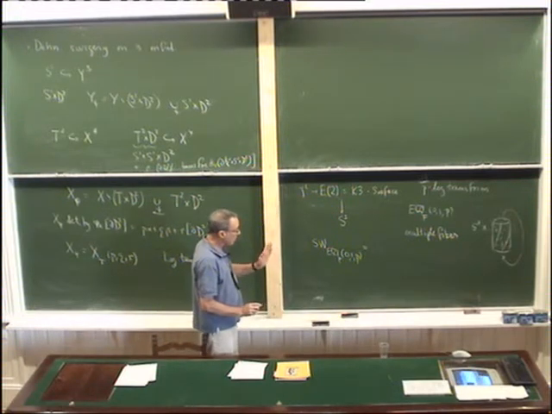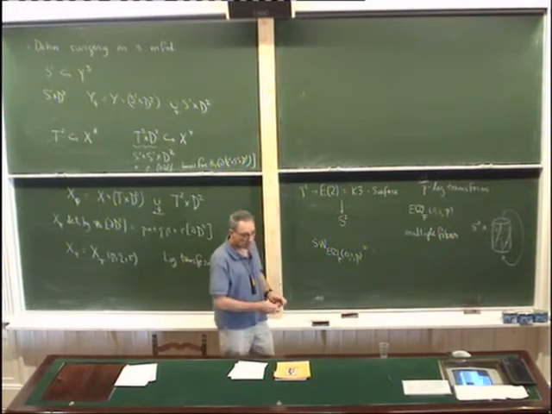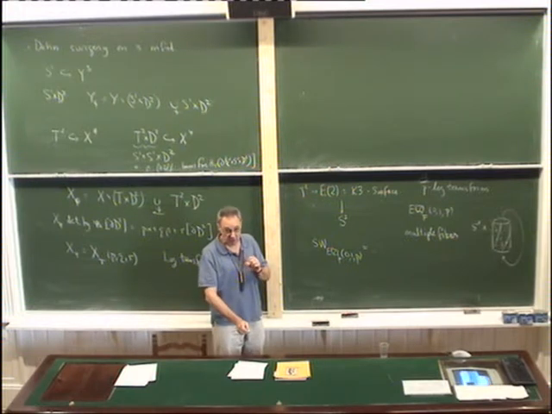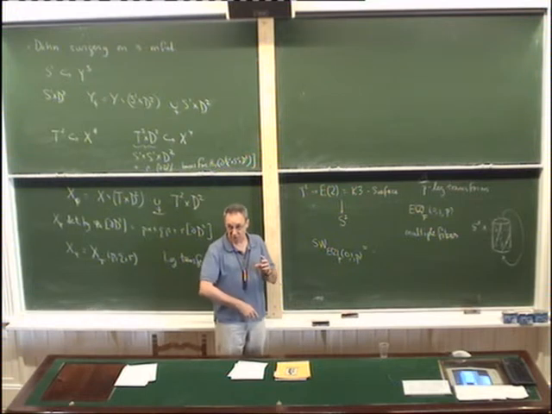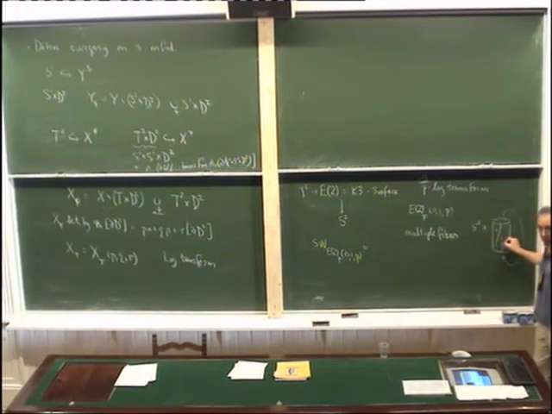Remember that the formula read: it's the Seiberg-Witten invariant of the complement times 1 over T minus T inverse, where T stands for the class of the central torus. In this case, the central torus is this multiple fiber. So let's call it F_p, the multiple fiber.